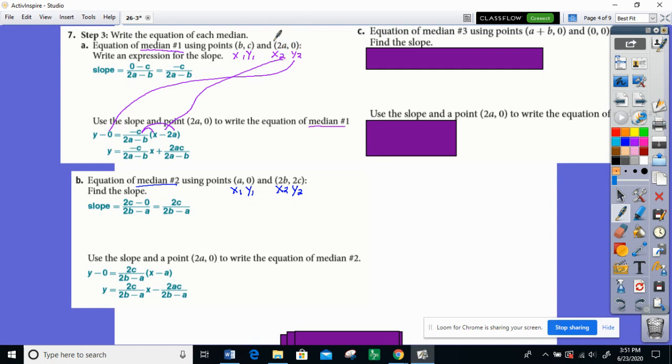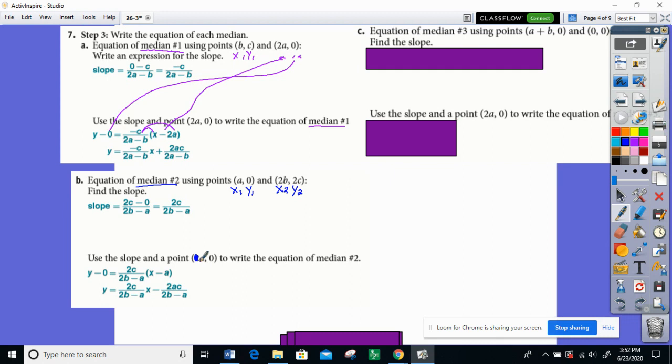So we're still using this point from up here. I'm sorry, that's just the point a minus 0. We're not using that point. We are using a comma 0.